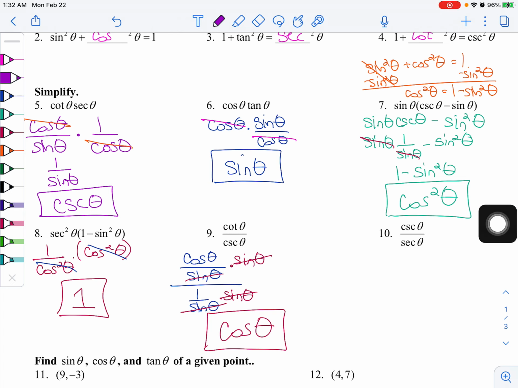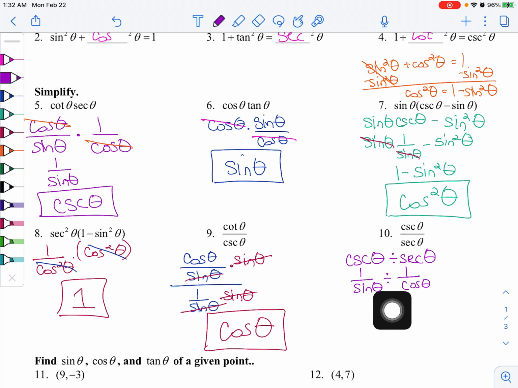Okay, that's fine. Problem number 10, we've got cosecant theta divided by secant theta. So let's see, if we set up cosecant theta divided by secant theta, and we solve it this way. So cosecant of theta would be 1 over sine theta divided by secant of theta, which is 1 over cosine theta.